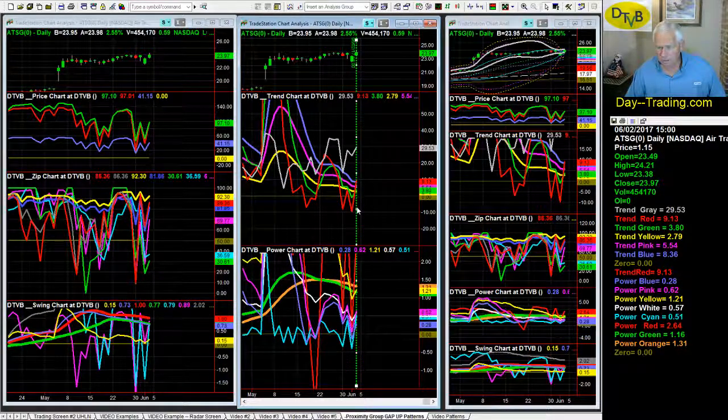Now trend red is 913 and trend blue is 836. It's back up over, I may have just misread that, I'm not sure. It's now back up over the blue line again, and it's at 946, so there's a little rally going on at the moment. So anyway, that's what those two show us.